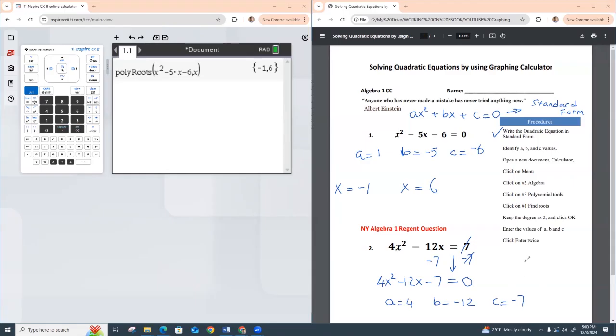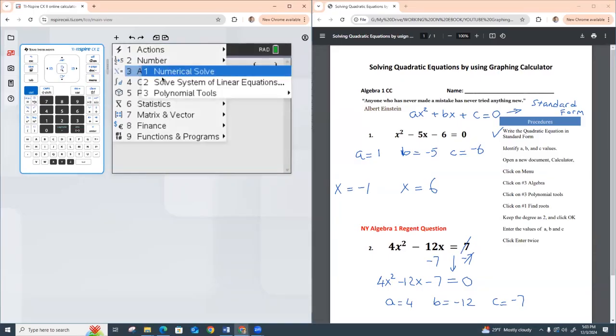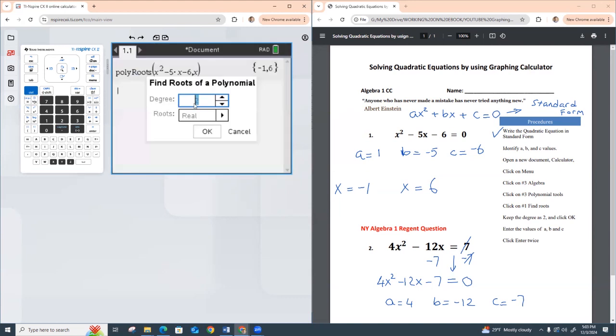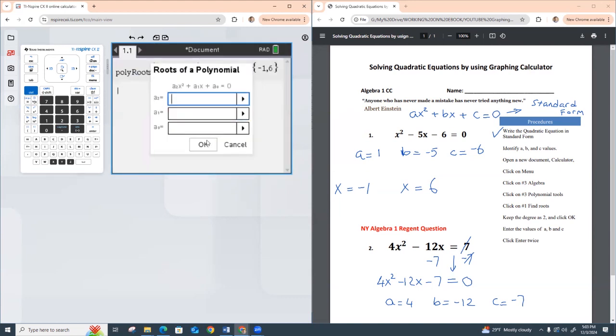Now, let's use the calculator to solve. Click on Menu, Algebra, Polynomial Tools, and find the roots. Keep the degree as 2. Let's enter those values: 4, -12, and -7.